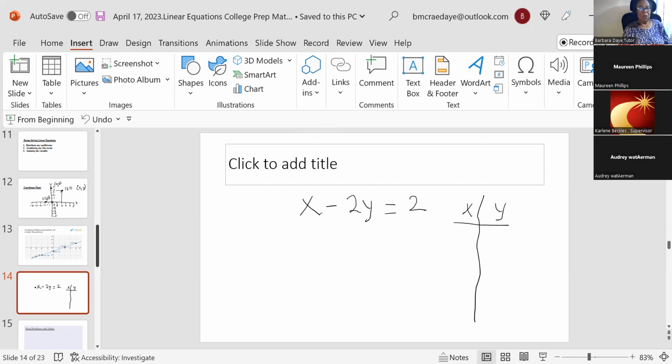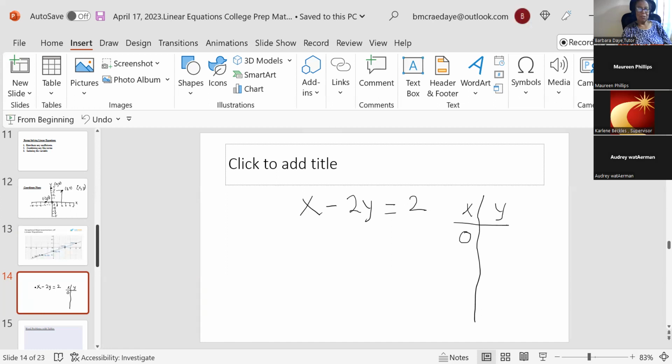Now, Audrey, when x is 1, well, no, let's just say 0. When x is 0, what is y? Put 0 here and solve for the y.